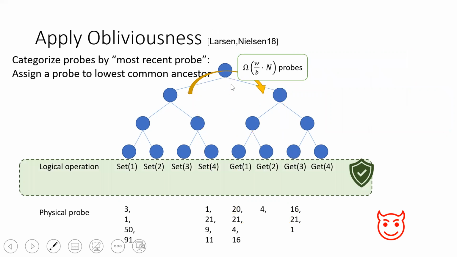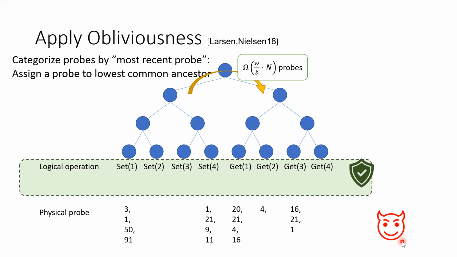Then the key observation in the follow-up work, Larsen and Nielsen, is to use security. The observation is that this assignment of physical probes doesn't need to know the logical operation.